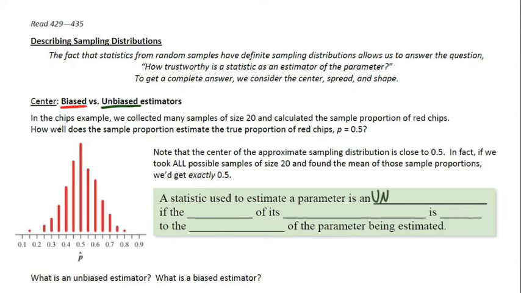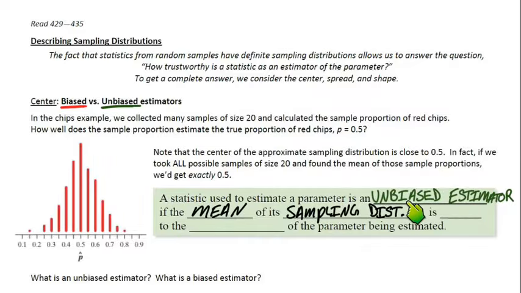So in green here, a statistic used to estimate a parameter is an unbiased estimator. Okay, so when is it good? When is it an unbiased estimator?